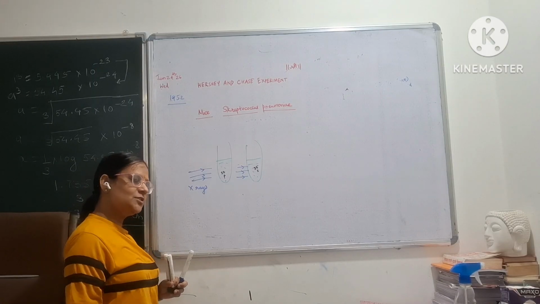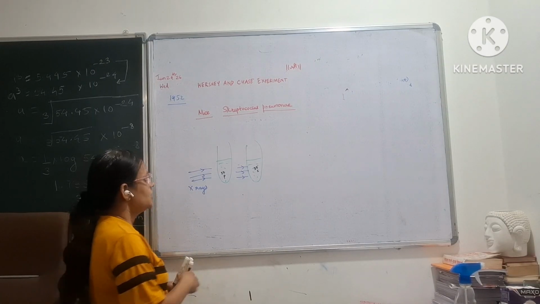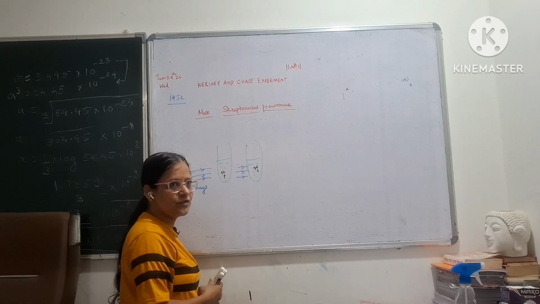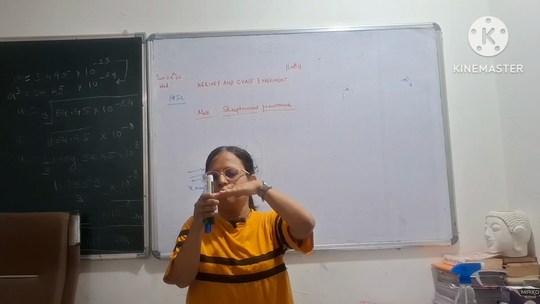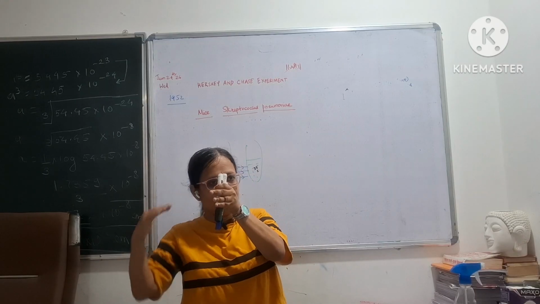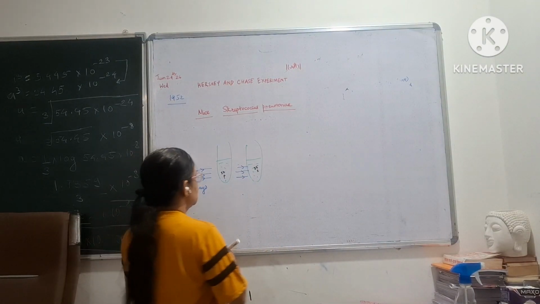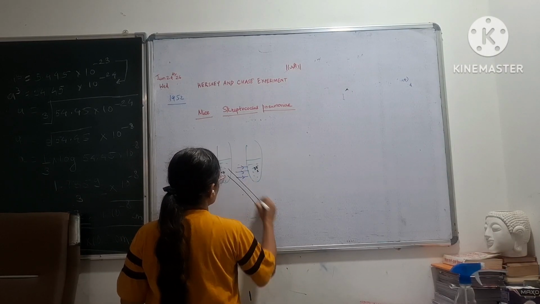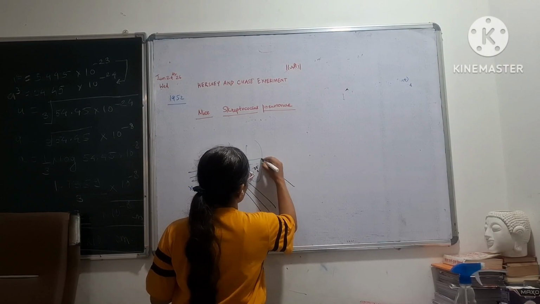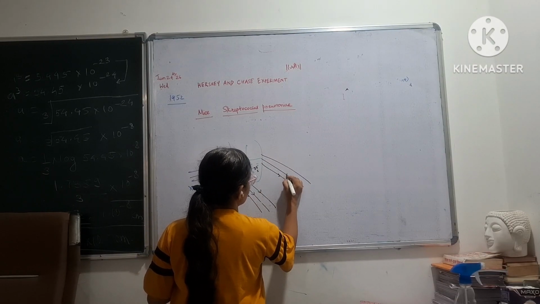After exposure to X-rays, there will be some rays coming out of the tube. When you make rays incident through a solution, the rays which are emitted out will be collected. So these rays coming out from the tube are allowed to pass through a detector.